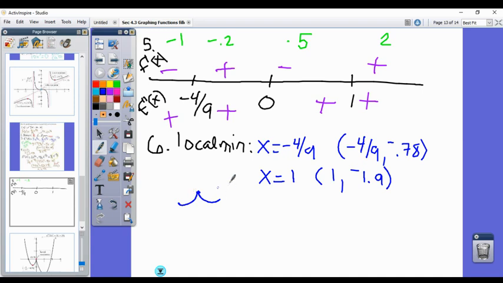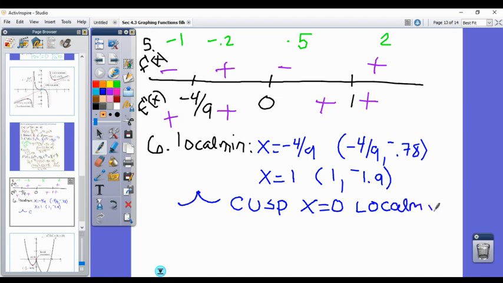So we have a cusp local max at x equals 0.